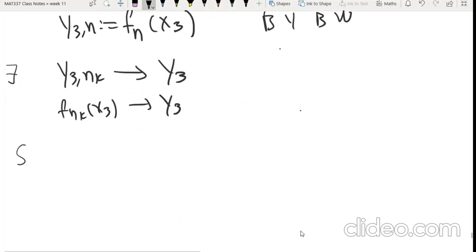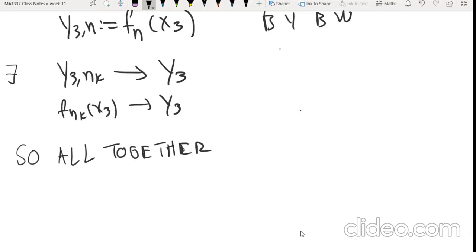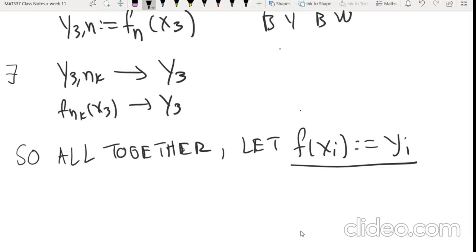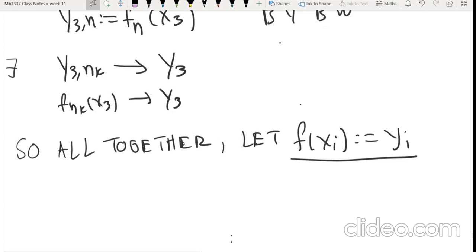So altogether, let f of xi equal to yi. So that's the limit on that dense set.